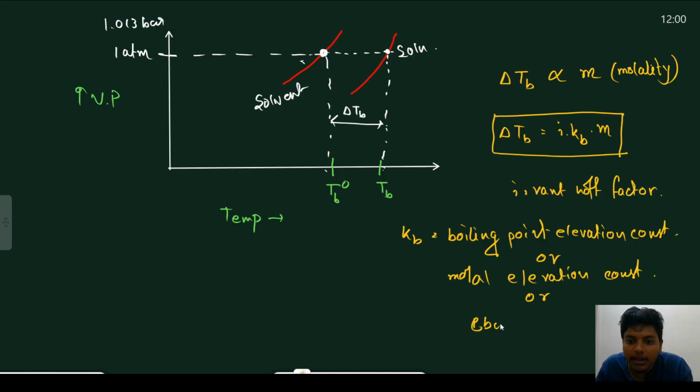Mostly this name, ebullioscopic constant, will be given. Okay, all are the same thing called Kb. Kb is a constant, or you can say boiling point elevation constant. Okay, so Kb value is given.